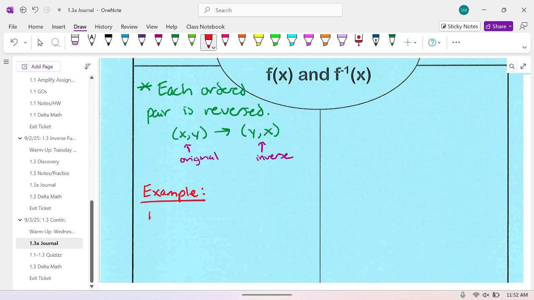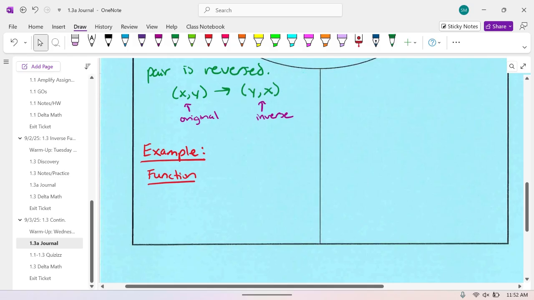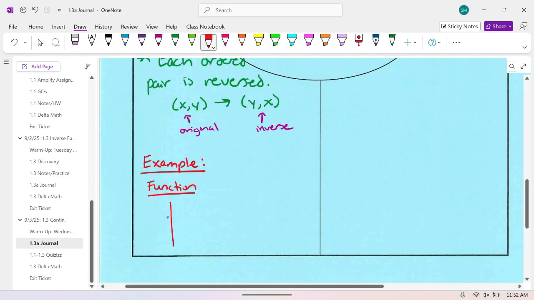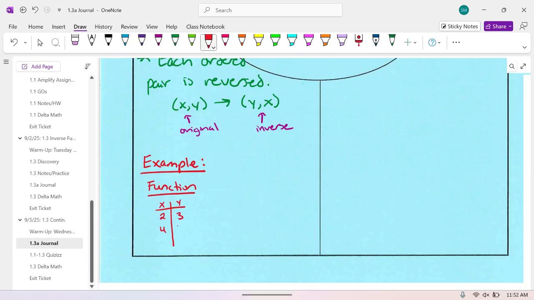I'm going to give you the original function table. So, let's say you were given a function with this table. x, y, and you have 2, 3, 4, 7, 6, -5. That's what you're given to describe the function.